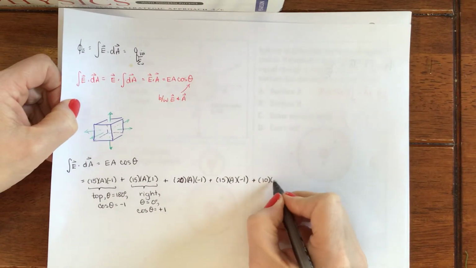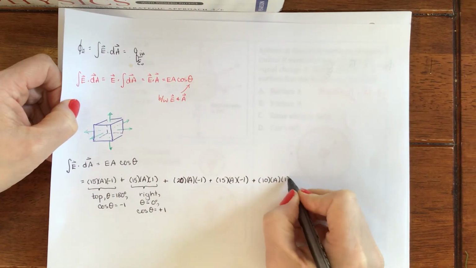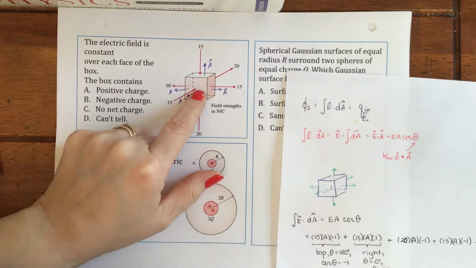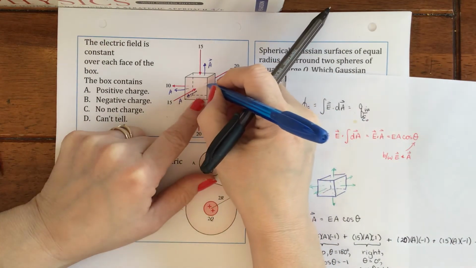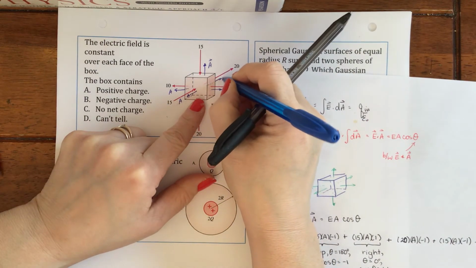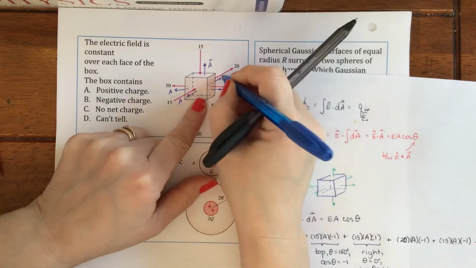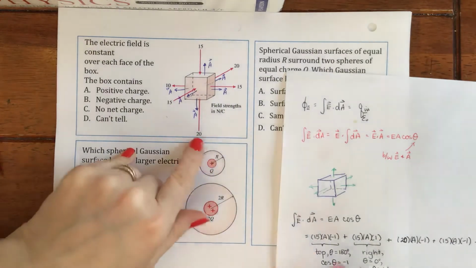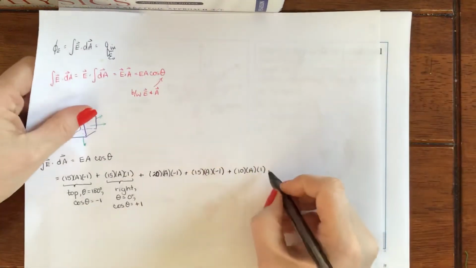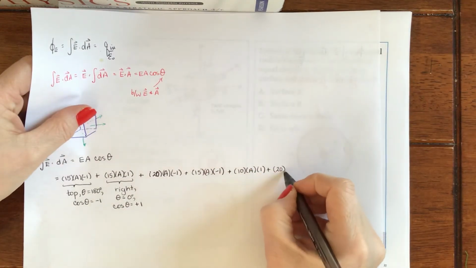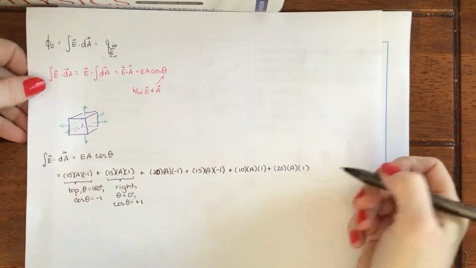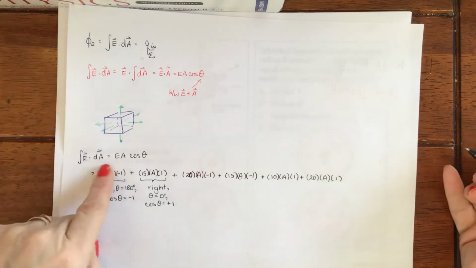Cosine of 0 is 1, so there's this face. Now let's see, what do we have left? We've got the back face left. Our electric field points out, our area vector also points out, the angle between those two is 0, and the cosine of 0 is 1. So our last face is plus the electric field, which is 20, times the area, times cosine of 0, which is 1. That gives us the total for our integral of E dot dA for every face of that box.